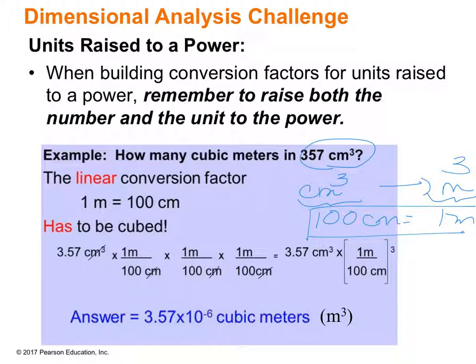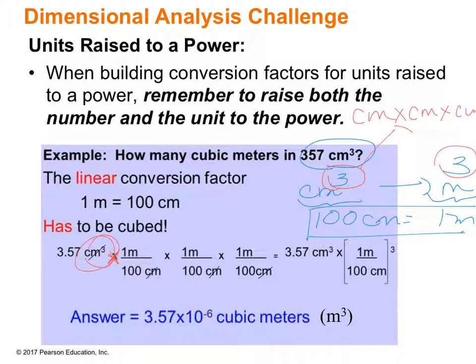Well, you have to remember, what does it mean when you cube something or square something? That means that you have multiplied the value by itself 3 times. So centimeter cubed is literally centimeters times centimeters times centimeters. So when you are doing a dimensional analysis unit conversion with something that is squared or cubed, you just have to do the conversion however many times the exponent tells you to do it.